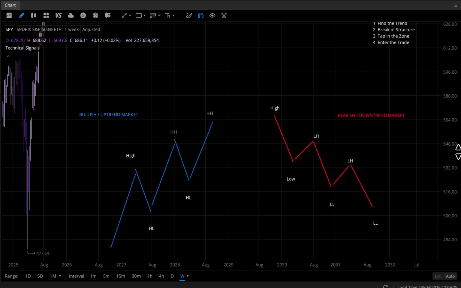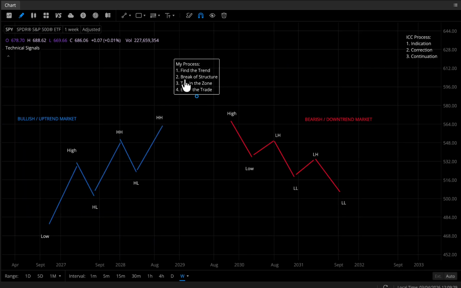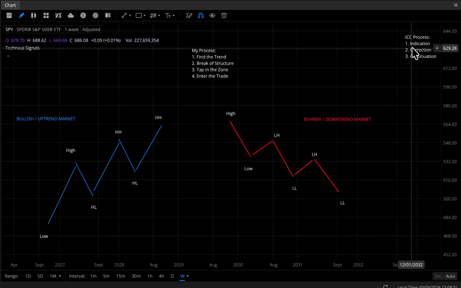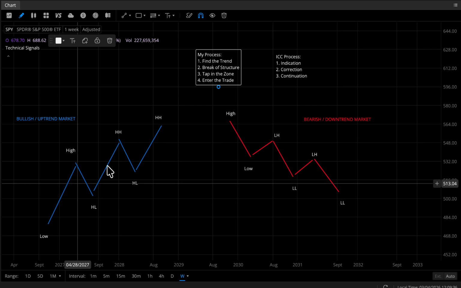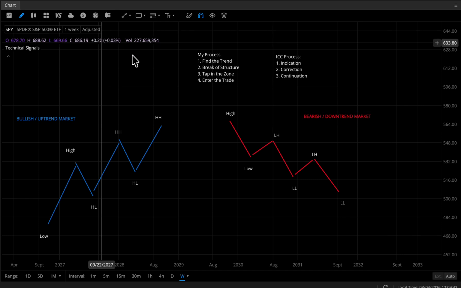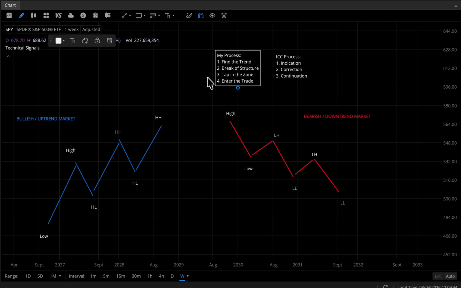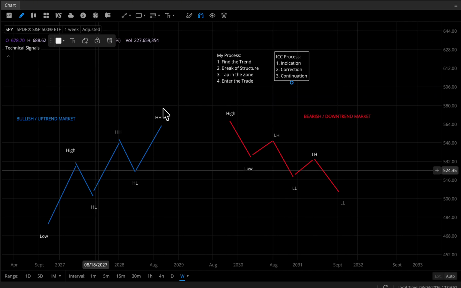So, right here, I have two examples of two different types of market structures. I have a bullish market structure, which is an uptrend, and then I have a bearish market structure, which is a downtrend. This strategy, which is supply and demand or ICC, whichever terminology you prefer, can only be used in a trending market.